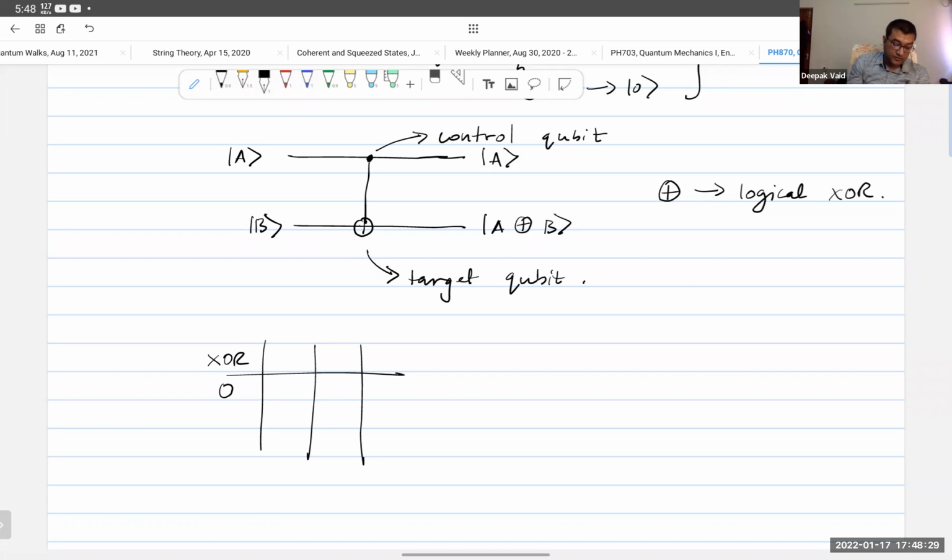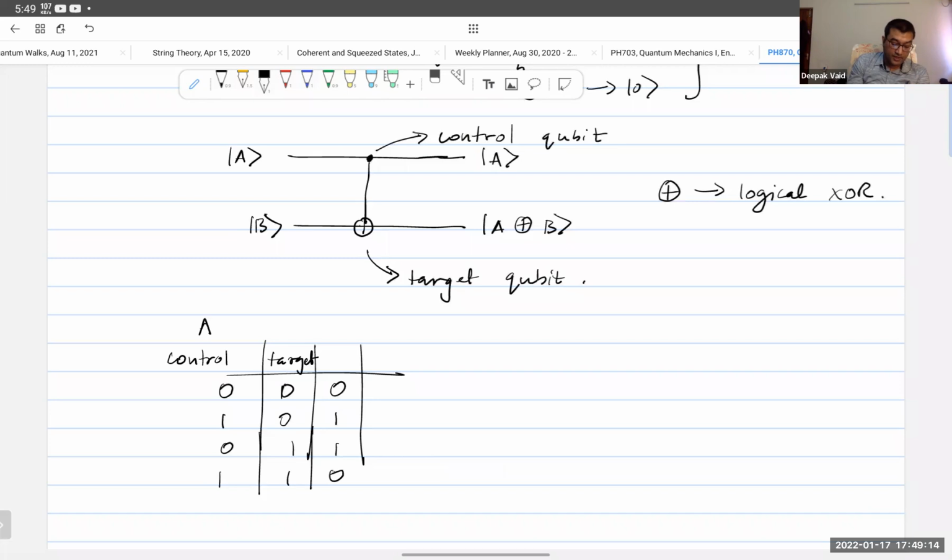If you have inputs 0,0; 1,0; 0,1; 1,1, then your output is 0, 1, 1, and 0. The first one is the control, and the second one is the target.